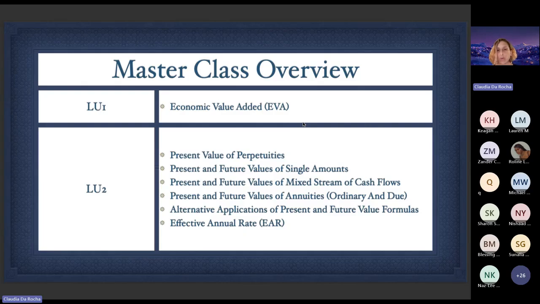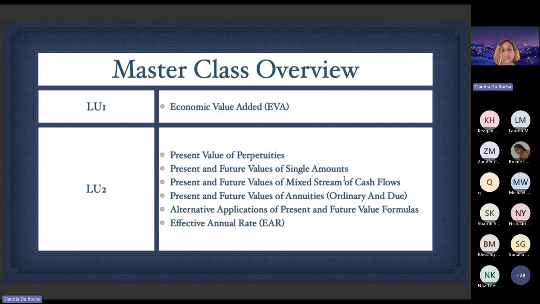So we need to know present value of perpetuities, present and future values of single amounts, present and future values of mixed stream of cash flows, your present and future values of annuities. And there are two types that you need to deal with, ordinary annuities and annuities due. There we also need to be able to apply these formulas in different ways. So we need to be able to manipulate the formulas or the calculations so that we can get different elements, which I will also go through today.